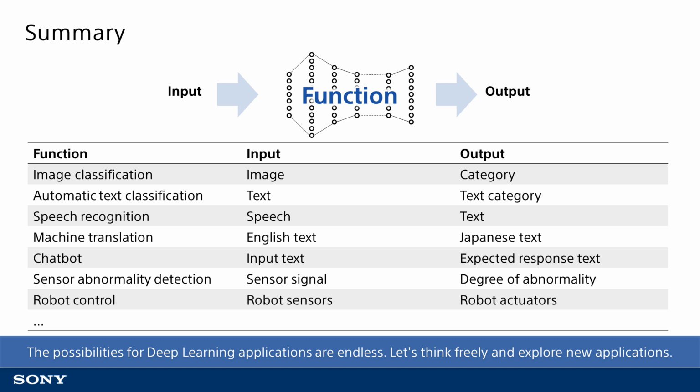As you know, software is currently being used to provide a variety of functions that are all around us. Deep learning is a versatile technology that can be used to achieve various functions at the same level or even higher. In short, the examples of application discussed today are merely a small sample.